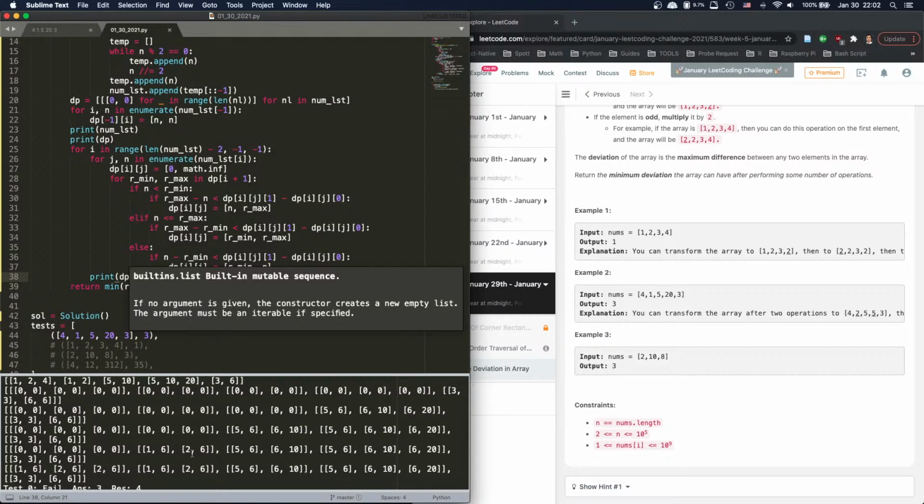Next one, 1, 2. So for 1, 2, 1 will generate 1, 6. 2 will generate 2, 6. I think this is where we got a problem. 2, so the answer is 2, 5, 3, right?